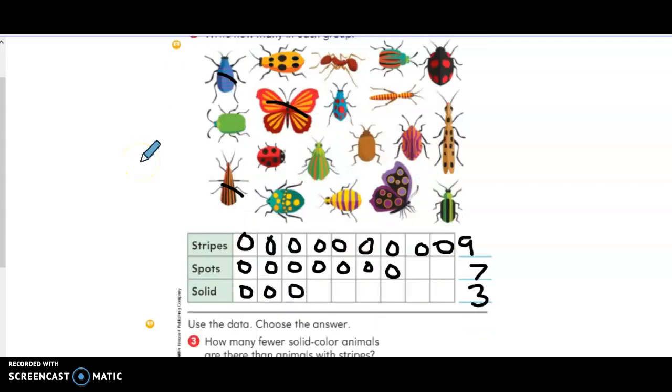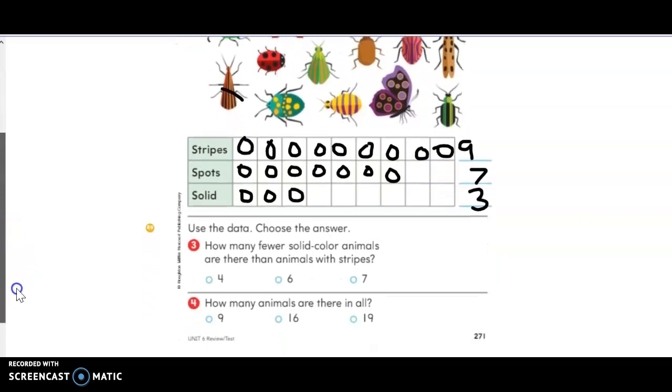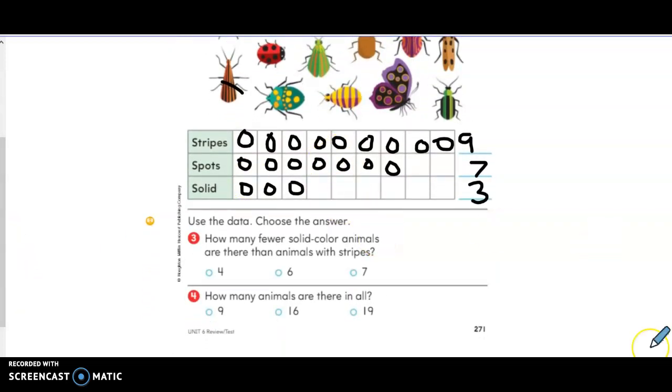All right, hopefully you have collected all your data. You have your animals with stripes, your animals with spots, and your animals with solid. Okay, now we have to use the data that we collected to choose the right answer. How many fewer solid color animals are there than animals with stripes? So we're comparing the solid color animals, these ones right here, with the animals with stripes.